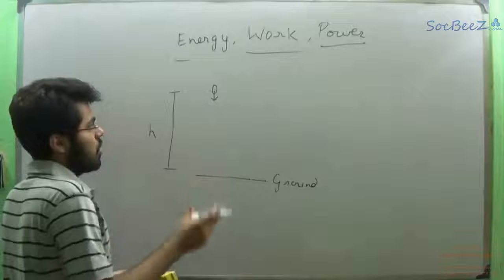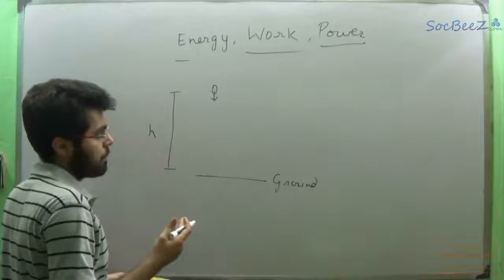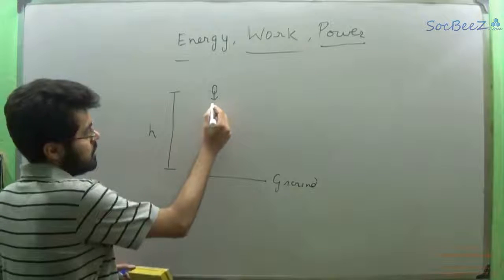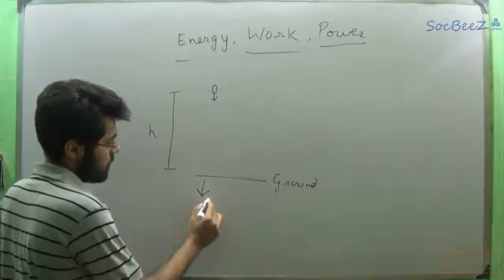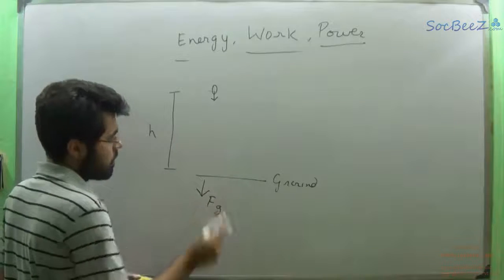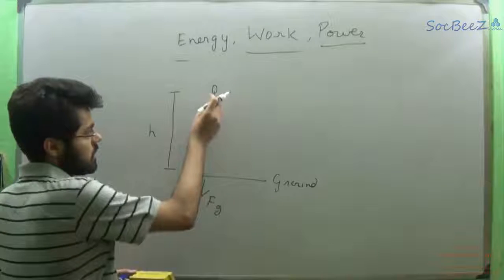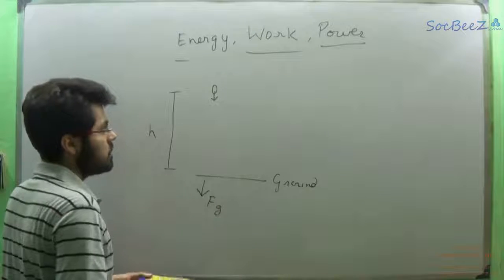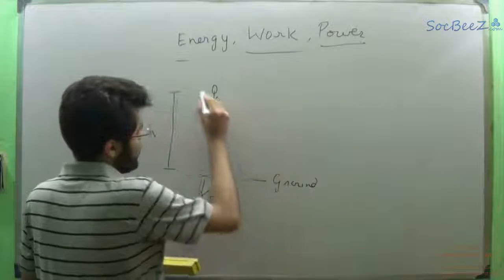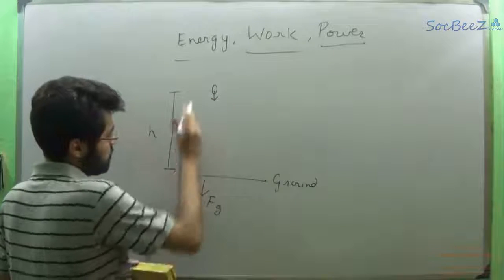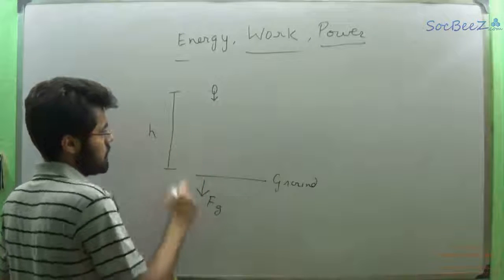So if we just drop the ball, what happens? It will come down. Why? Because there is a force of gravity. If the force of gravity pulls it, it comes down. So what if I find that there is a displacement along this direction, downwards.